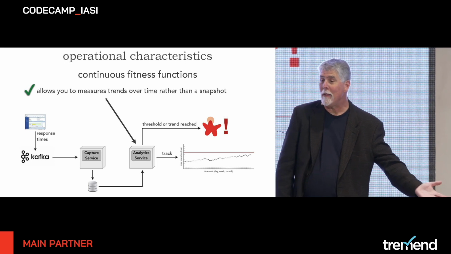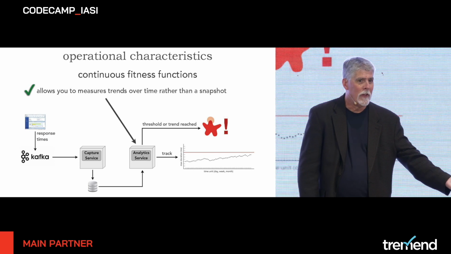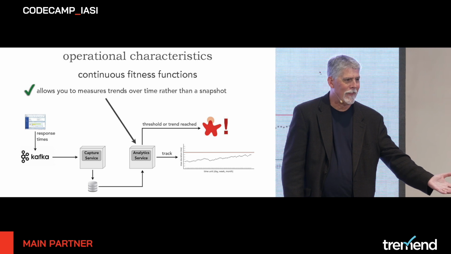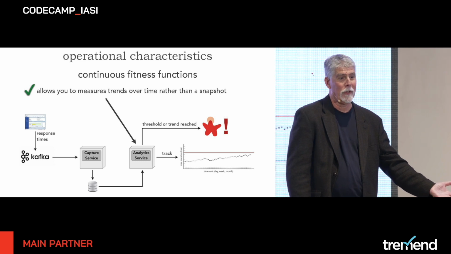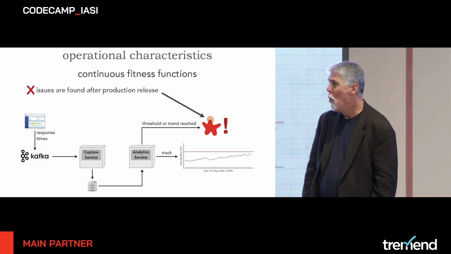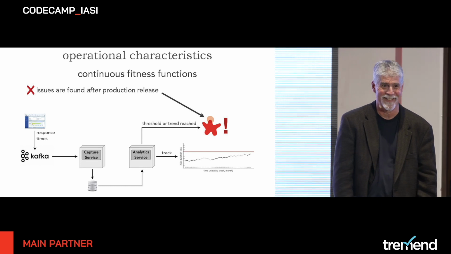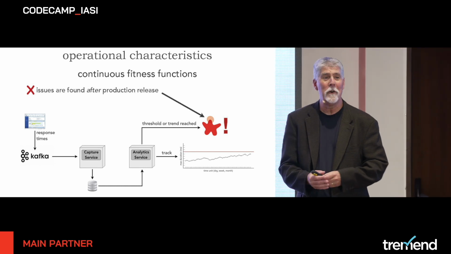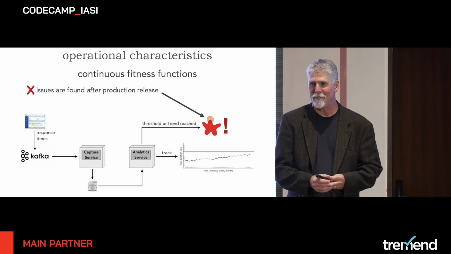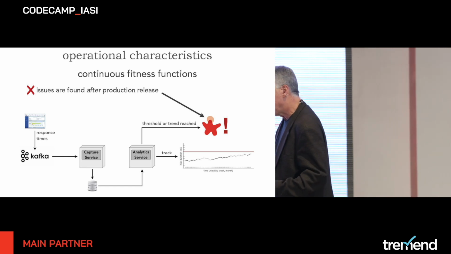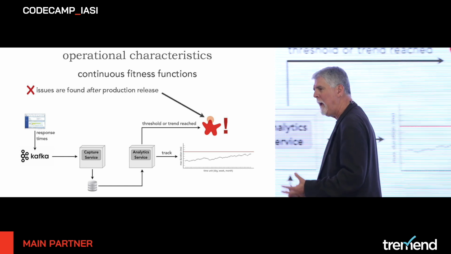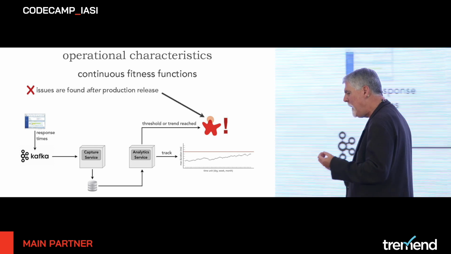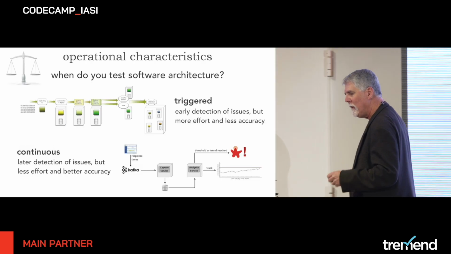Yeah, all that's great, it's really cheap, but I don't find out about it until after we release our software. Oops, sorry. I guess I know what we're going to be doing on this iteration. So you kind of see, we have this choice that we need to make. When do we run these operational characteristics fitness functions?